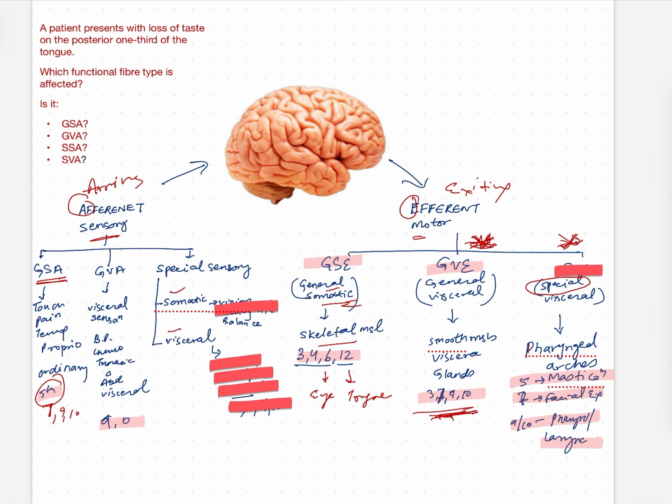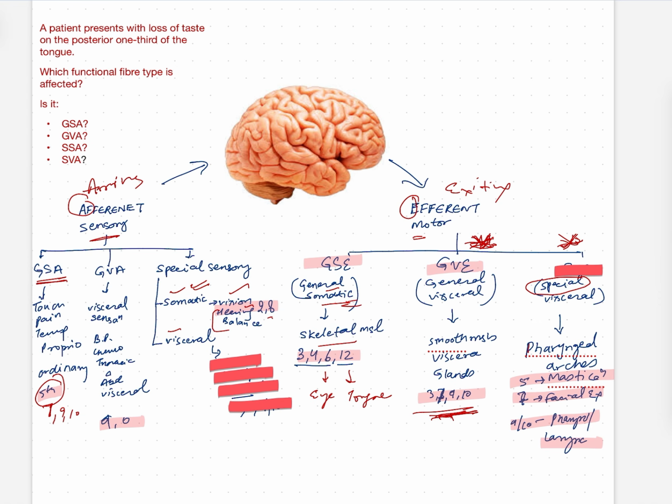First we will start with the somatic ones. Special sensations like vision, hearing and balance are the special somatic afferents. Vision is the second nerve, hearing and balance the eighth nerve. So special somatic afferent, SSA.